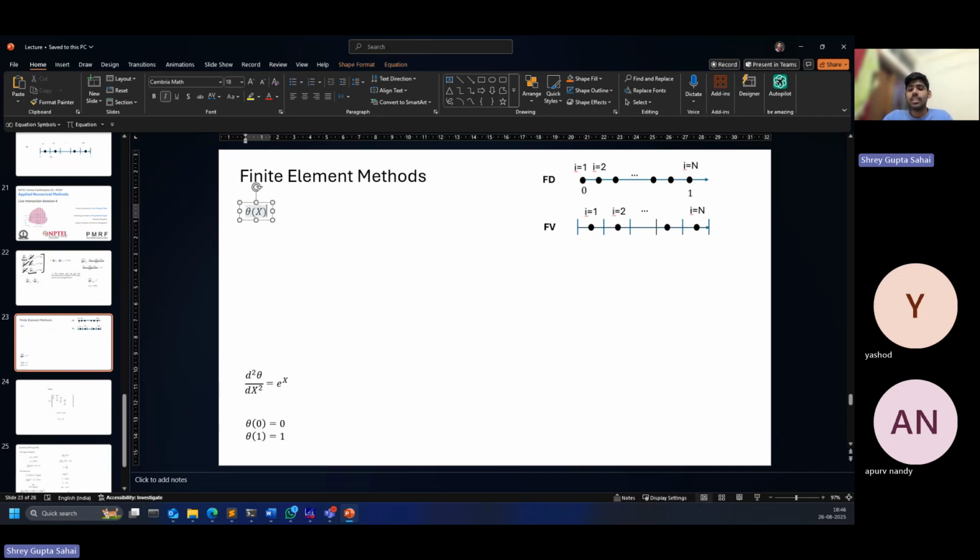Okay. So what it says is that we will use a set of basis functions. We'll write it as a_i phi_i. It uses this function.